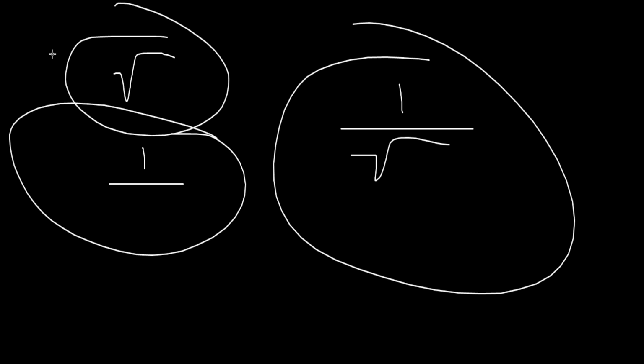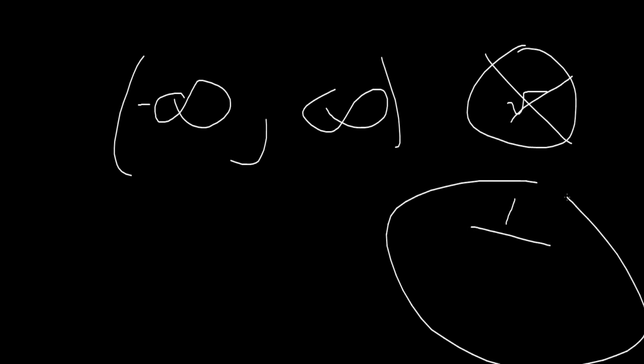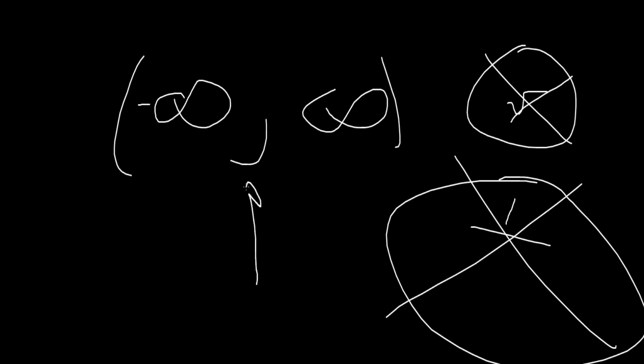Now, the good news is if there's anything else, literally anything else whatsoever, then you can just put all real numbers for the domain. So that would be negative infinity to positive infinity. So if there's no square root, if there's no 1 divided by something, then your answer is automatically going to be negative infinity to positive infinity, because those are the only 2 things that can mess it up.